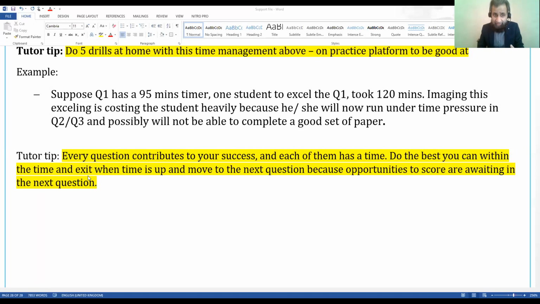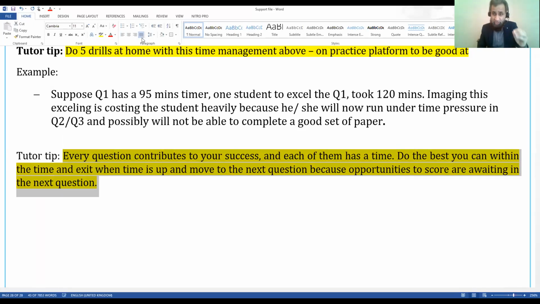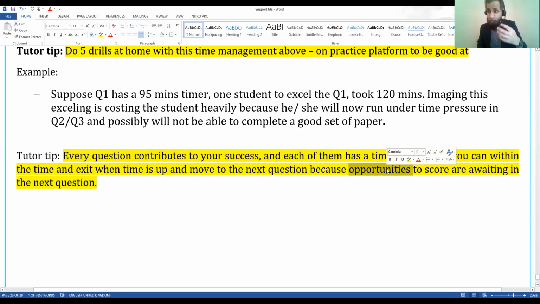So I hope you like tip number 2 on your screen right here, that every question contributes to your success, and each one of them has a time. Do the best you can within the time and exit when the time is up and move to the next one. There are opportunities awaiting you in the next question. There might be 4 simple marks in the next question: list the anti-money laundering procedures. 4 easy marks, you're losing it.